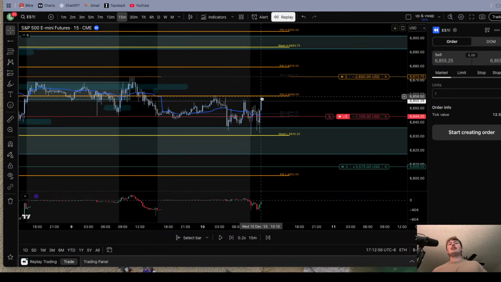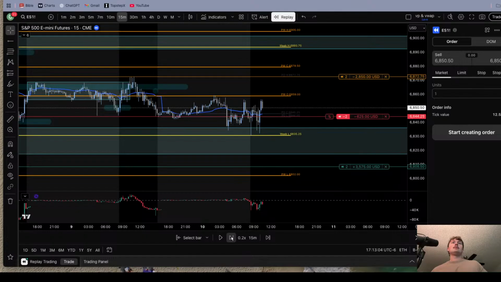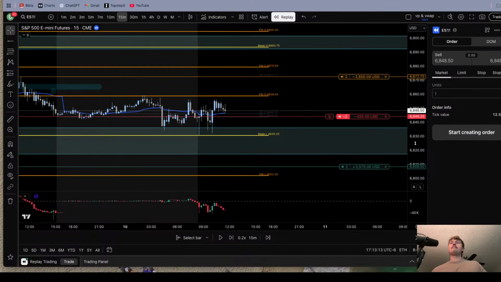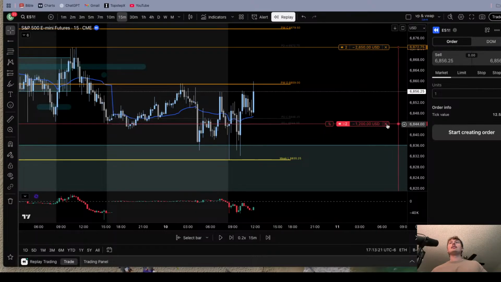There's a lot of chop. A lot of chop. Honestly, probably didn't need to be in this trade. It's pretty bullish still. Trying to see if we can get back below VWAP. We're not. Okay, I'm cutting it.